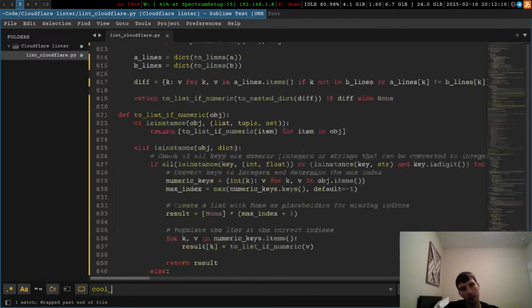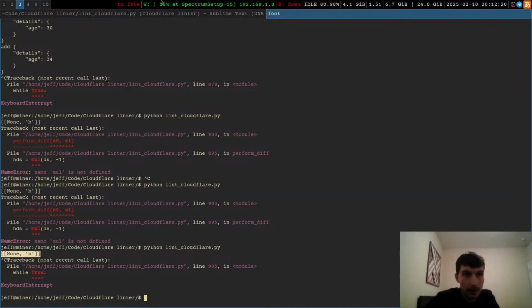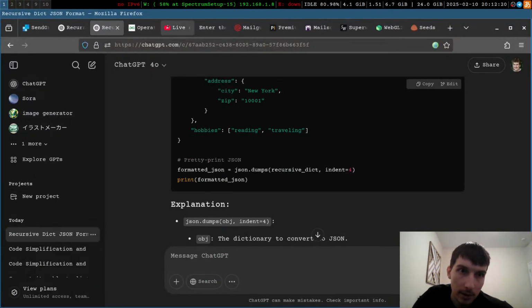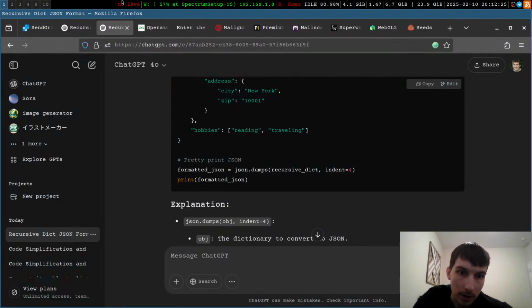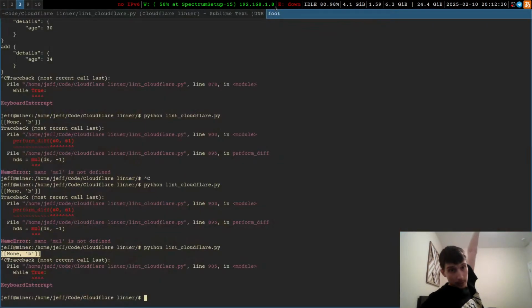This is like a cool tree, or it might be a node. Cool node. It's just a node. Also, I really have to poop, but that's it. That's literally it, guys. So that's the idea I'm trying to describe.